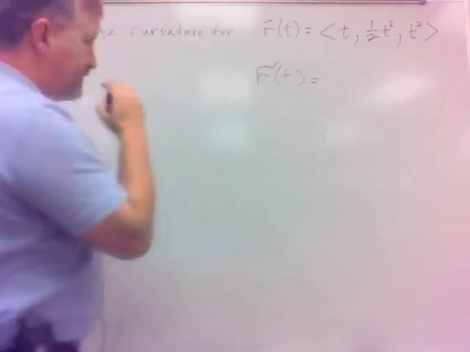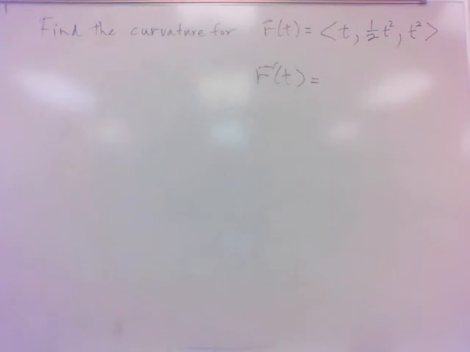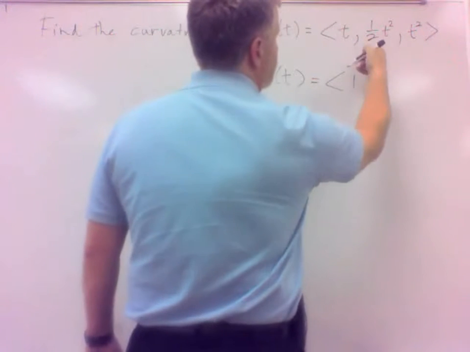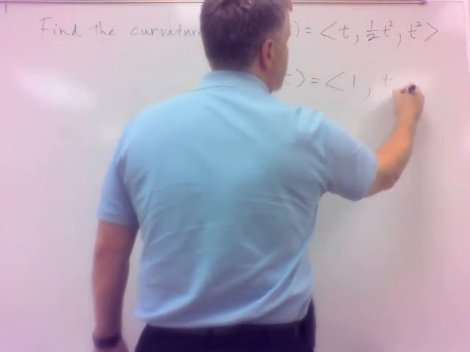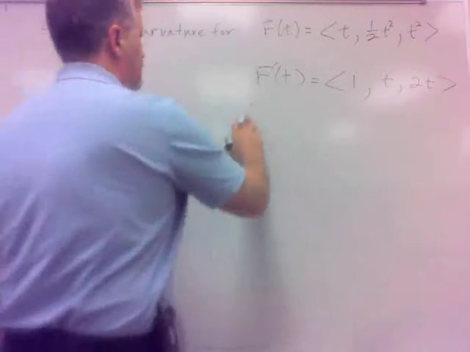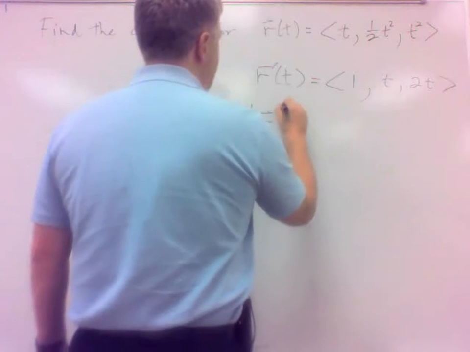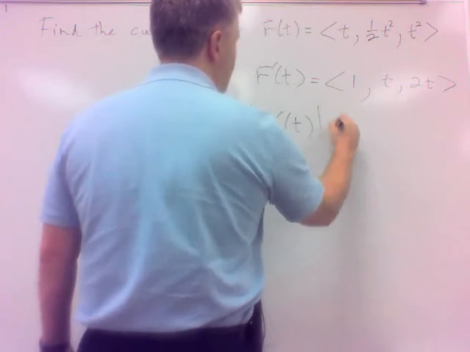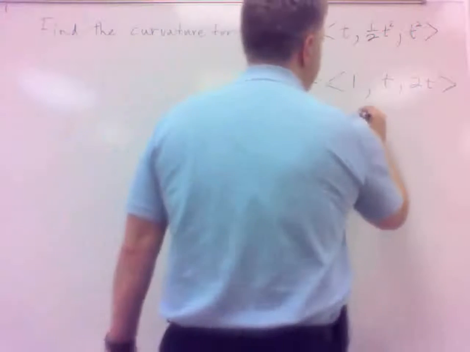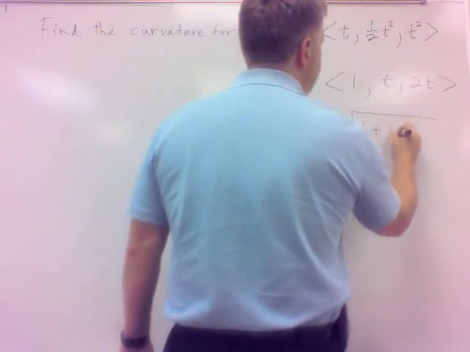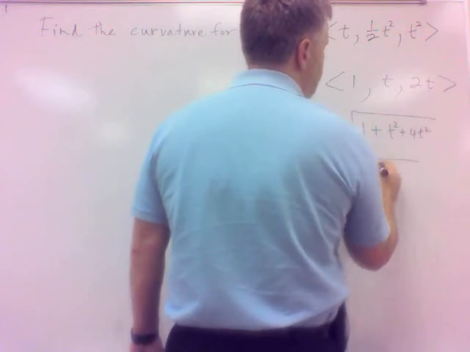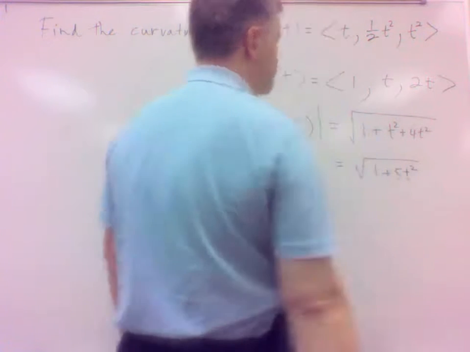All right, so what's our derivative vector there? 1, t, 2t. So our magnitude there is the square root of 1 plus t squared plus 4t squared. So that's 1 plus 5t squared, square root of that.